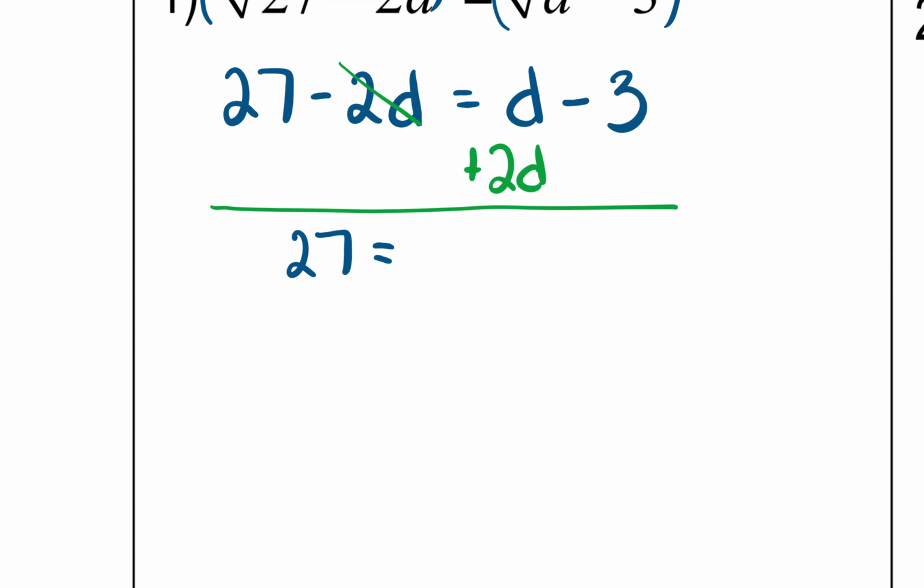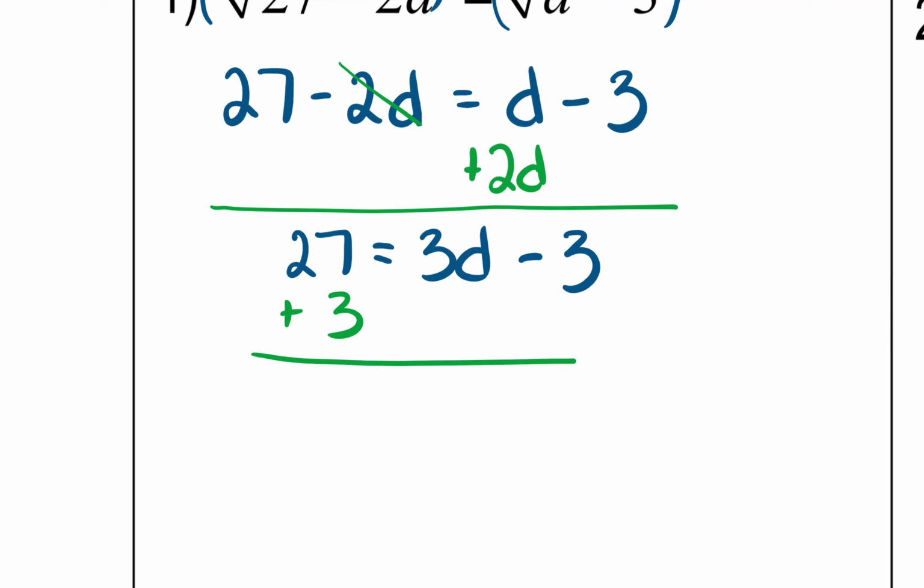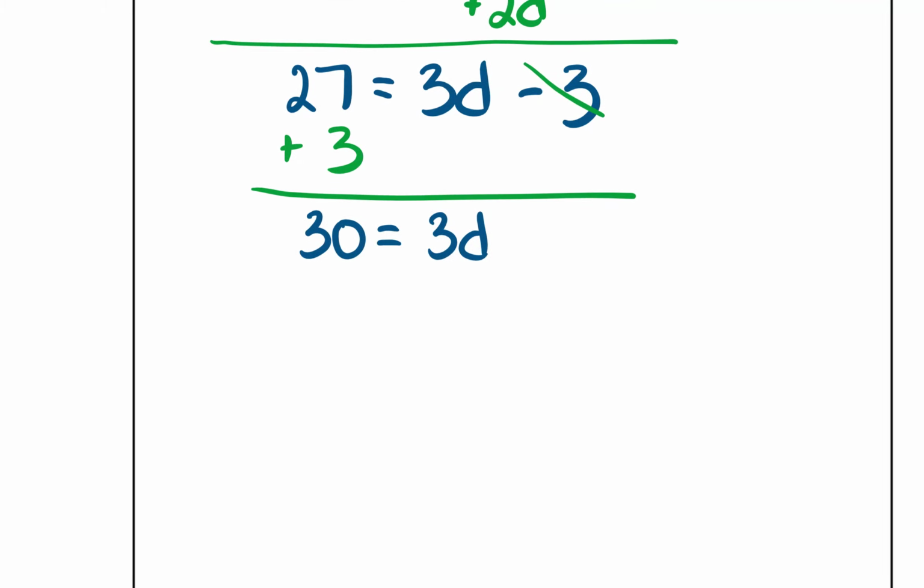So 2D plus 1D is 3D, which are very cool movies if they work for you. Alright, now I gotta move the 3 over here. Some of y'all can already see the answer. And then of course last step is divide.